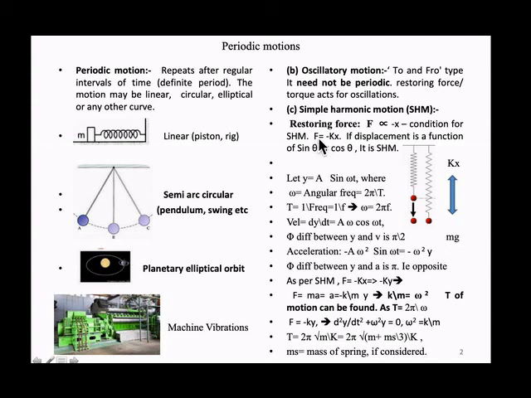A is linear acceleration, x is linear displacement. The same is applicable for angular also. Acceleration can be alpha and displacement can be theta. Here also the angular omega is the same.